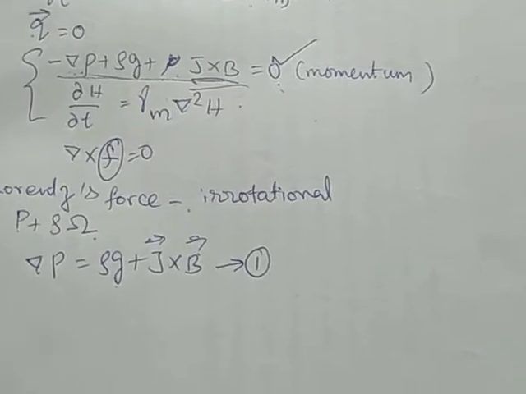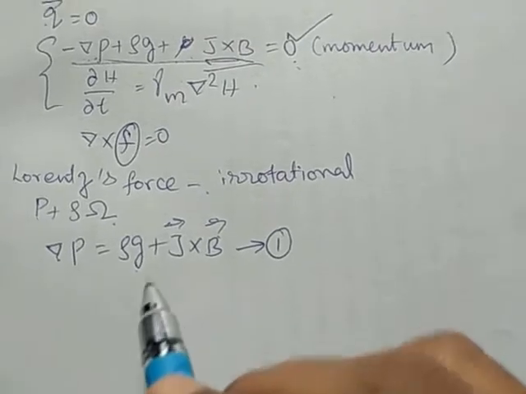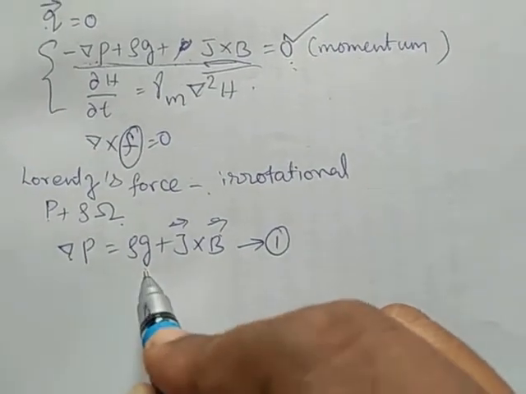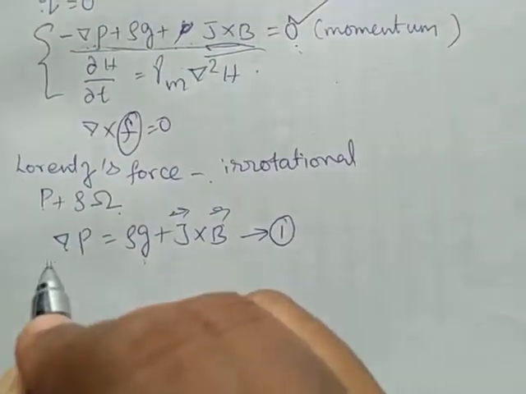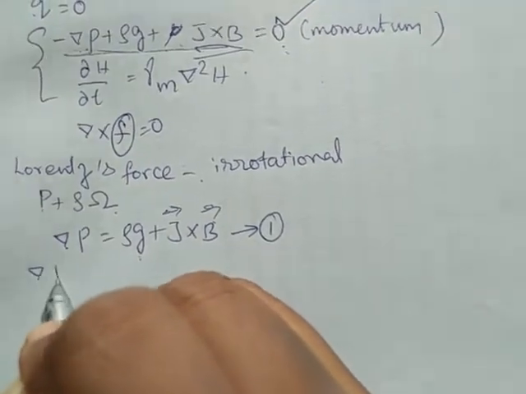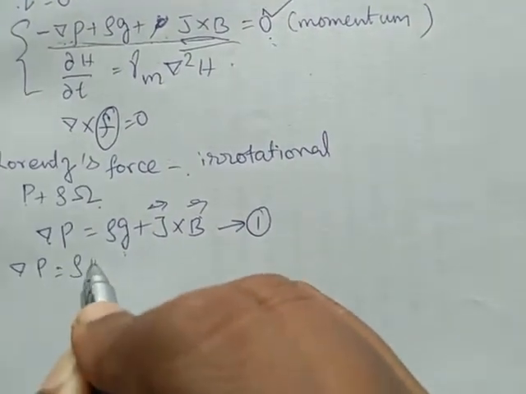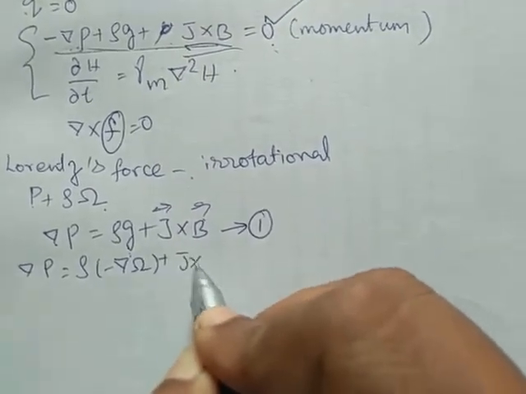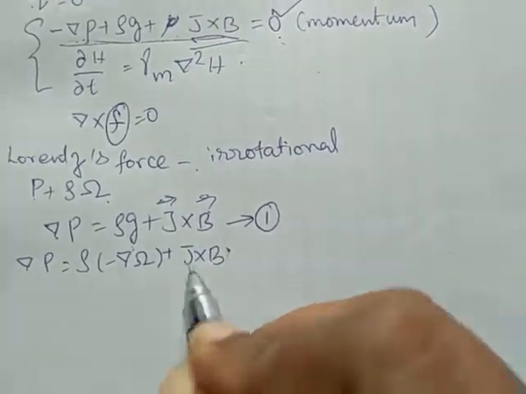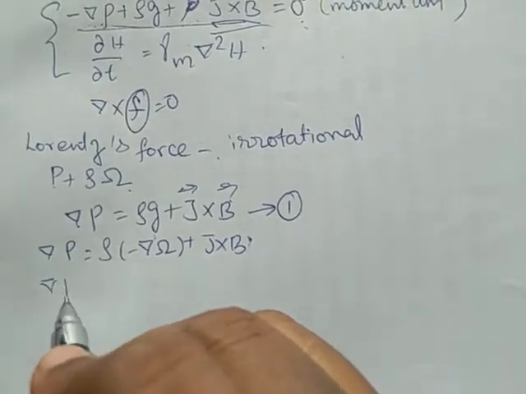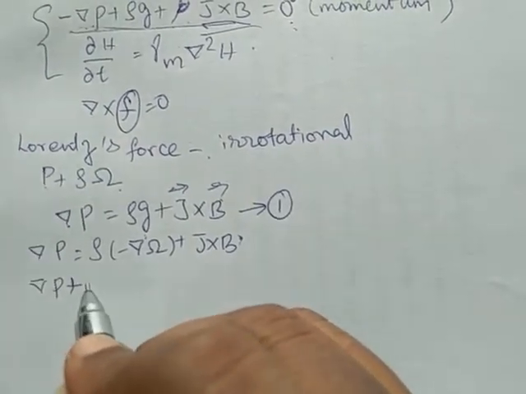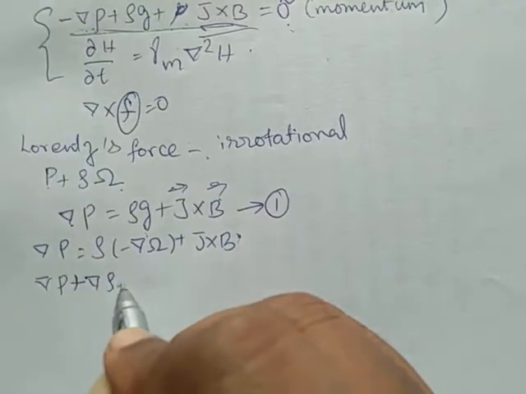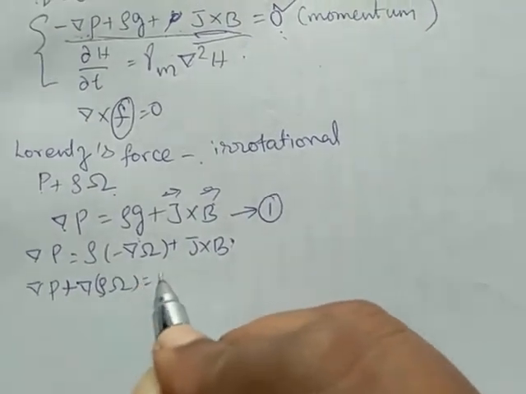Since G is conservative, we can write G as minus del omega. So this equation becomes del P is equal to rho times minus del omega plus J cross B. If we group the terms, we will get del P plus del of rho omega is equal to J cross B.